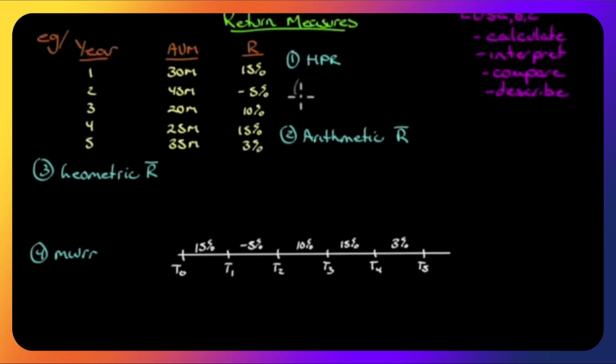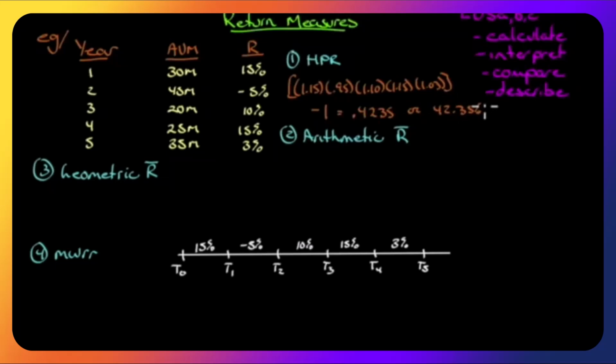So for that, we'll just take all of our returns: 1.15 times 0.95, which is 1 minus 0.05, right? Times 1.10, 1.15, and 1.03. We'll multiply all of those together, and we will subtract 1 to get our percentage, and we will get 0.4235, or 42.35%.